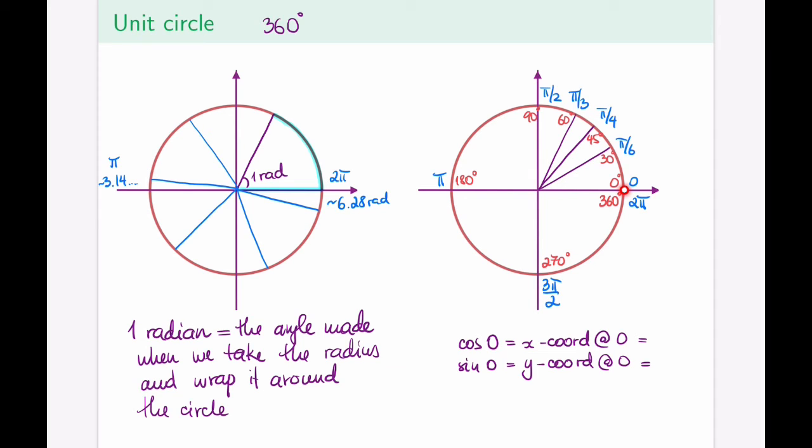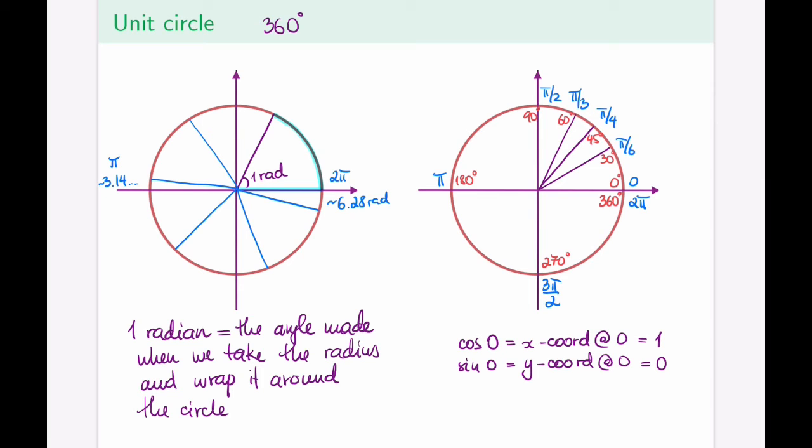Its x-coordinate is the radius of the circle, and it's a unit circle, which means that this is 1. So the x-coordinate is 1, which means that the cosine of 0 is 1. The y-coordinate at this point is 0 because I haven't actually gotten any height to this point, which means that the sine of 0 is 0. This is where those special values come from.